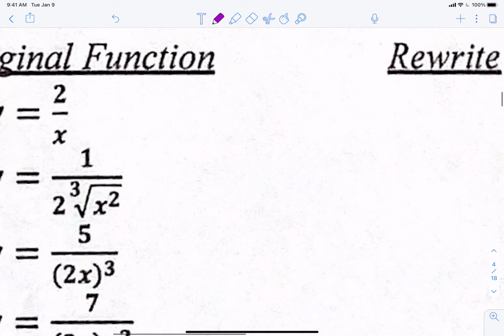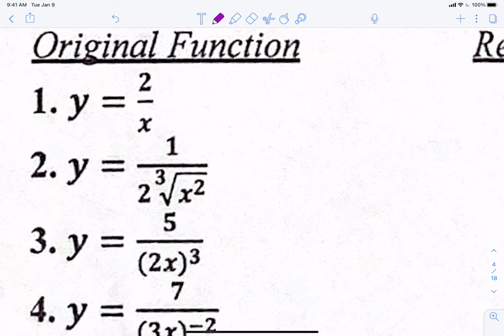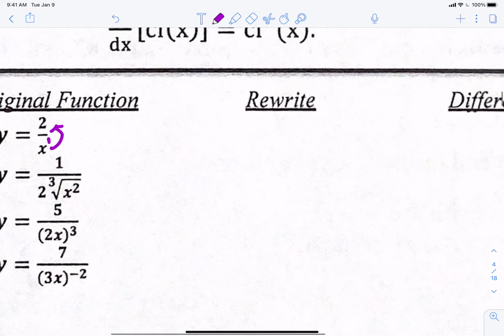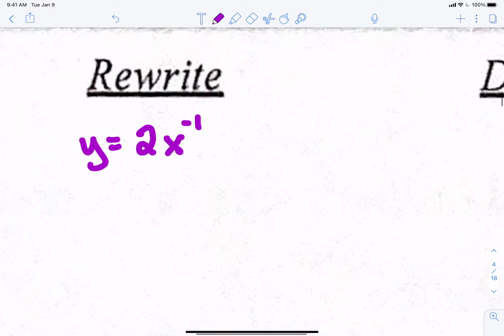This first one, y equals 2 over x, is not quite as complicated as the other three, but if we rewrite it, we move the x to the top. X on the bottom is x to the first power, and when we put it at the top, it is y equals 2x to the -1. We move it to the top, it becomes negative.